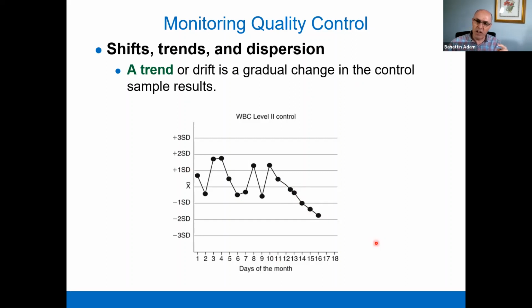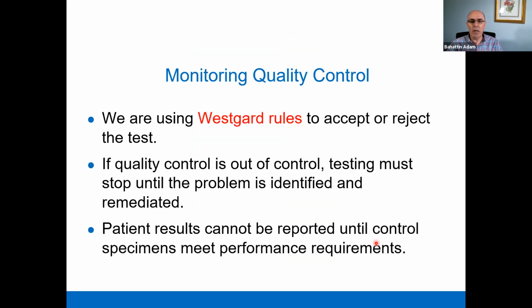Each of these changes has a different meaning in order to find out the source of errors. It may be because of the reagents, or because of the instrument, or it's based on the methods, the techniques that we are using. Okay, now Westgard rules.